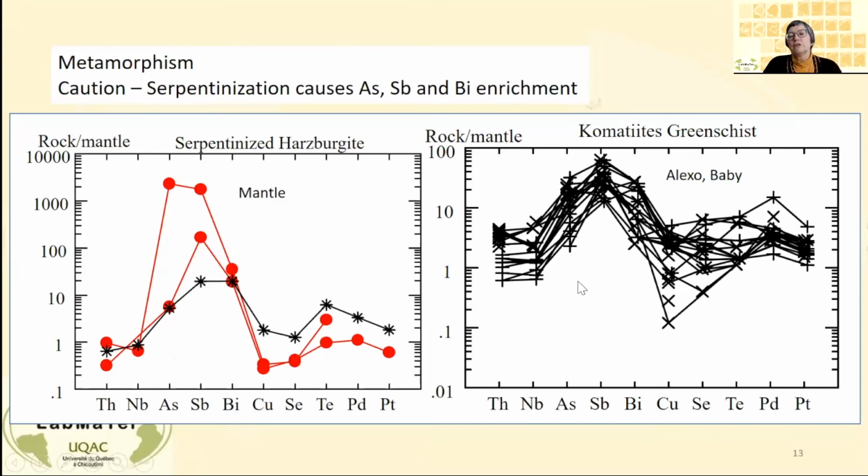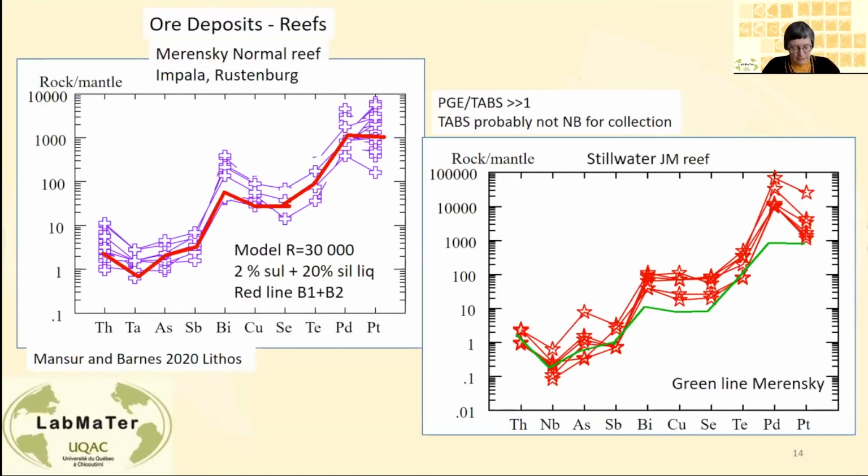And much to our disappointment, when we looked at our komatiites from the Abitibi, they're in greenschist facies, their patterns look all right, roughly all right, from platinum through to copper, roughly flat. They're roughly in line with thorium and tantalum, but arsenic, bismuth, and antimony are all enriched, which we're assuming is due to serpentinization. Don't really have time to go into this, but I would just mention it.